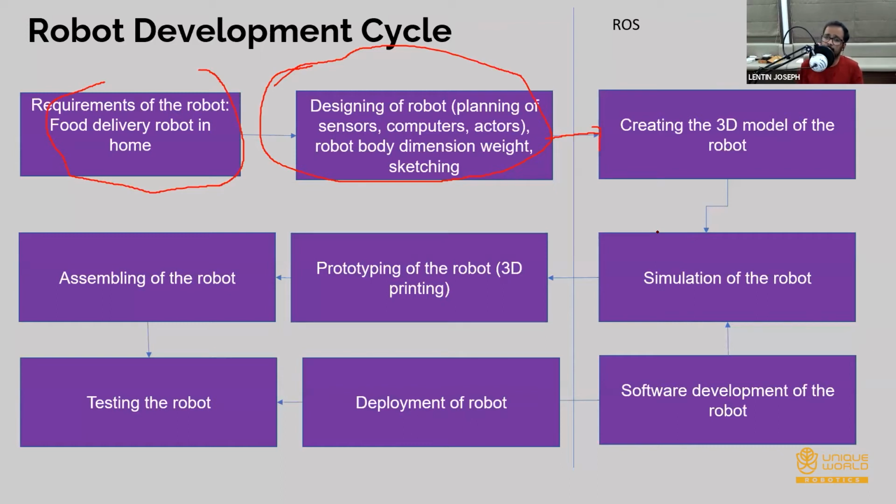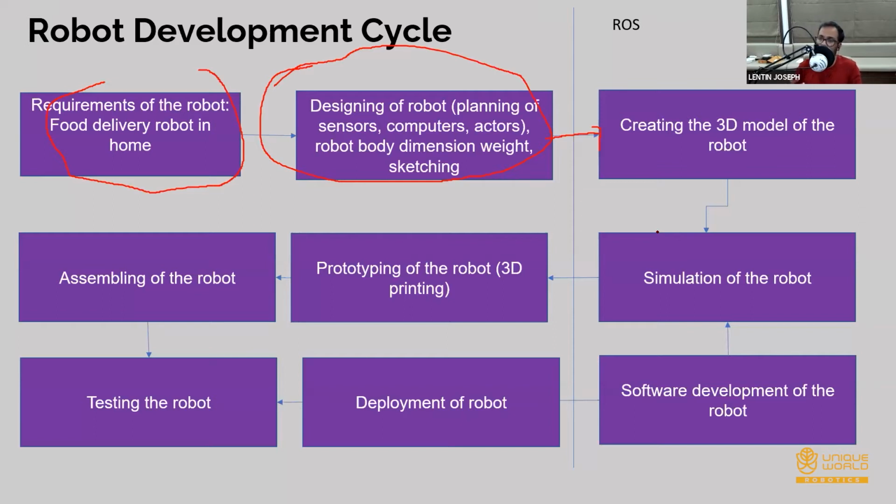Okay, why is this important? Because in the design phase, we may sketch the robot dimensions and all, but in the 3D model, we are actually building the robot in 3D.